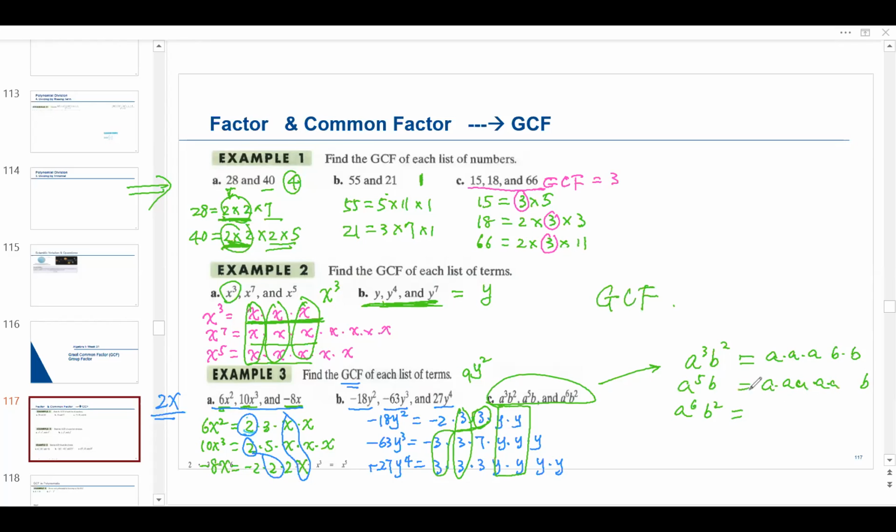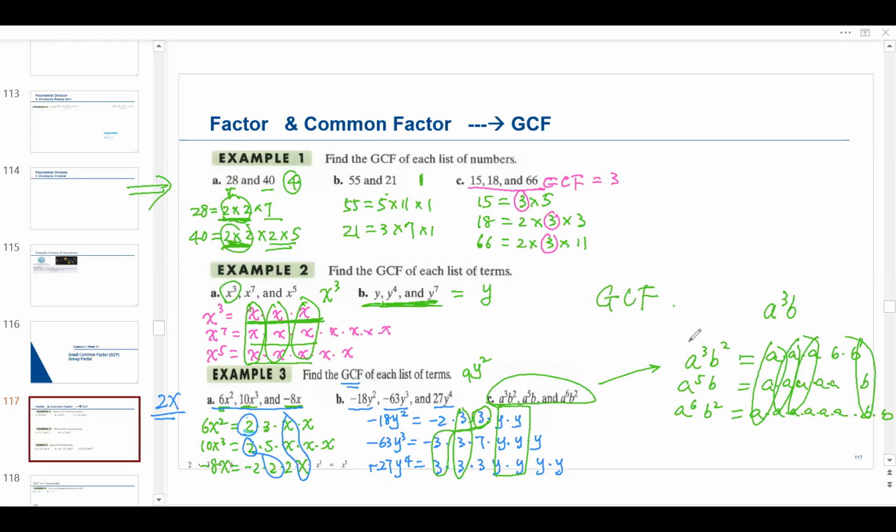Most of the time I want you guys to understand well, so we do it this way. We say we have 3a as the common part, and only 1b is the common part. So the greatest common factor is a cubic b, right?